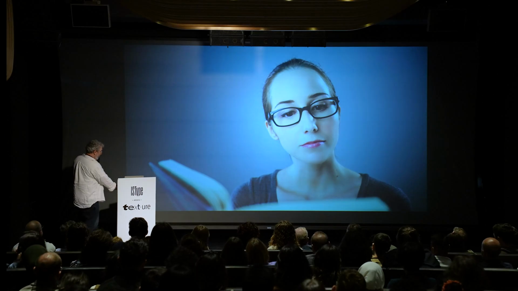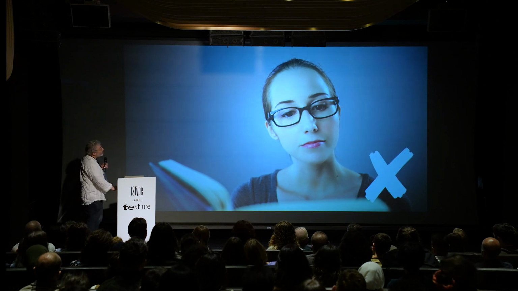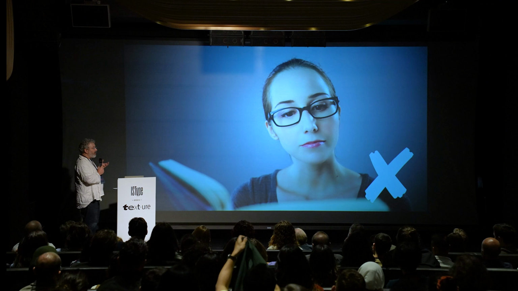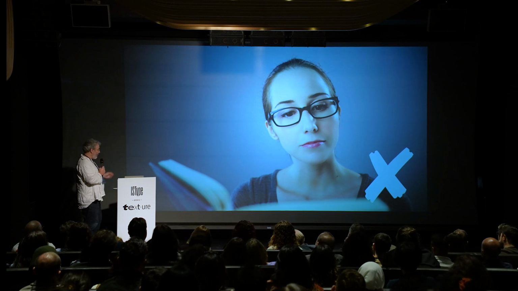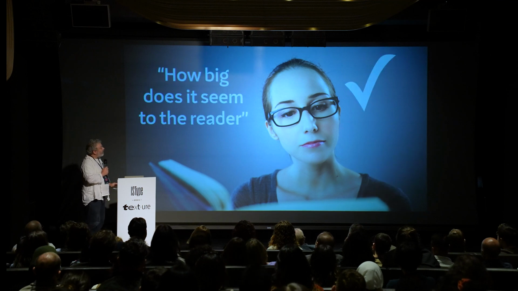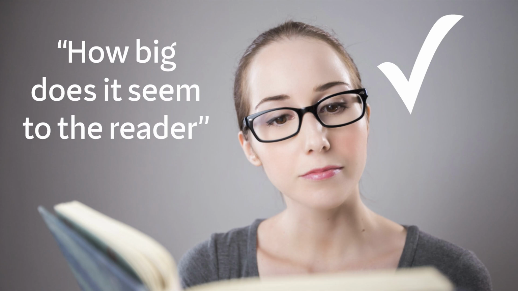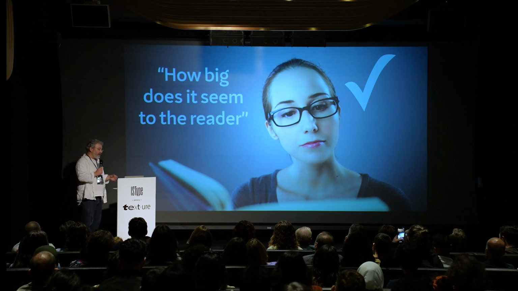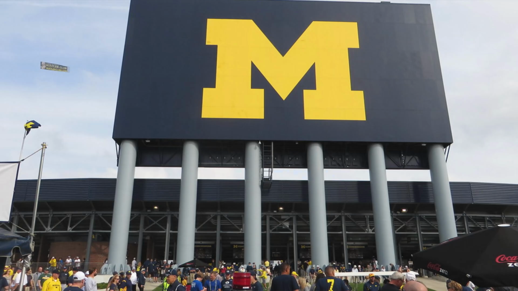And the thing is, if we think about the printed size or the physical size, we're looking at the wrong thing. What we care about is what's going on in the reader's eye. How big does it seem to the reader? That's actually the important thing. And I think when we talk about optical size, that's what we're trying to suggest or point to.